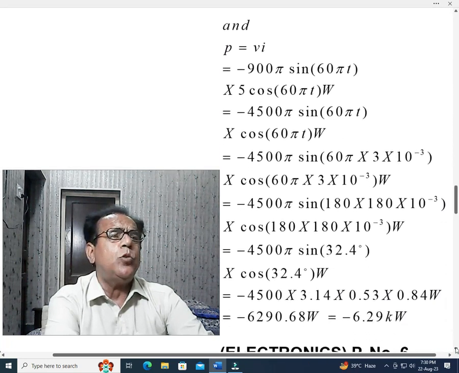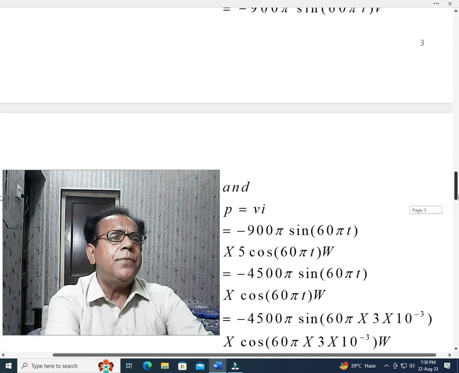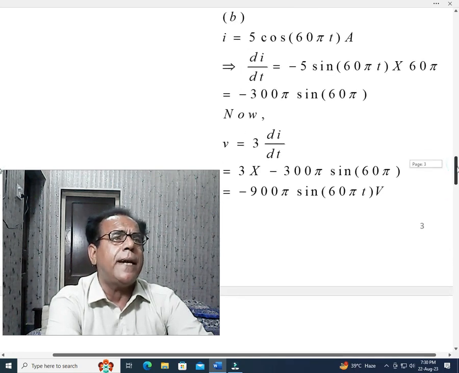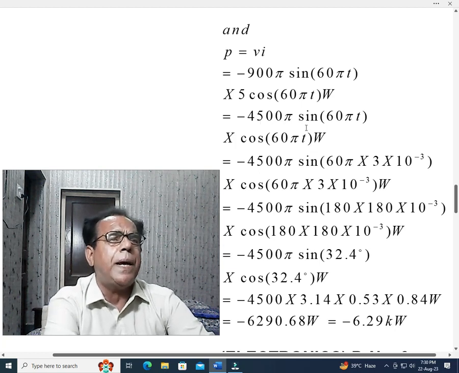Next, p is equal to vi, so with minus 900, which we have already calculated for v, this v will be multiplied with i, and it will become minus 4500 pi sin 60 pi t into cos 60 pi t watt.